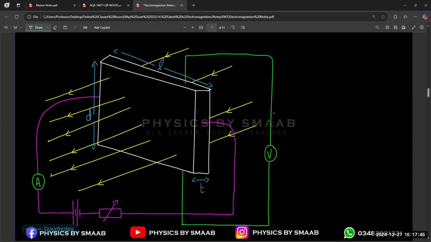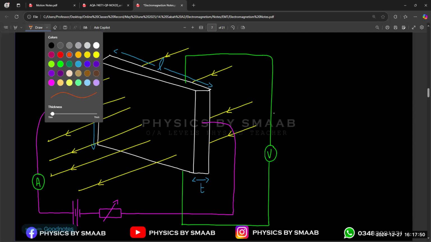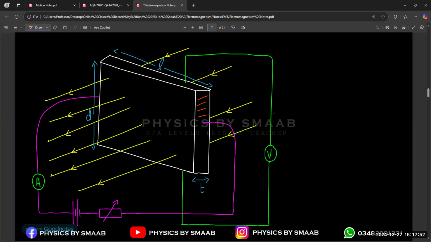And in this setup, this side represents area. Basically what happens now, we have a magnetic field, we have electric current also. Electric current is passing from the positive side, and the other side represents the negative charges, that are electrons.